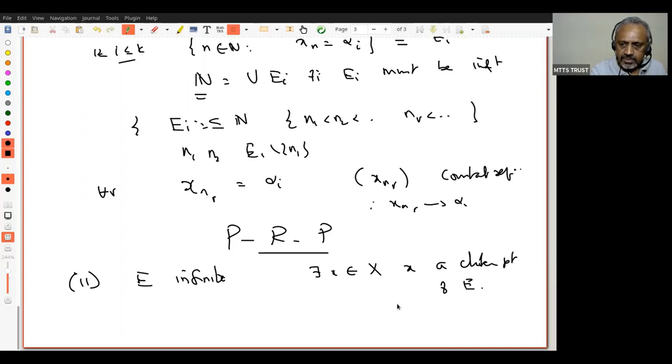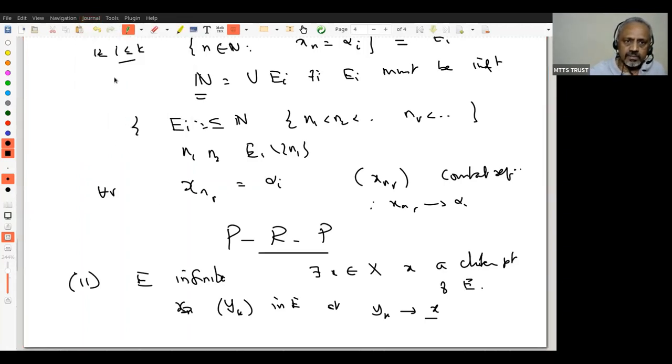So what does that mean? That means there is a sequence, call it y_k, a sequence in E, so that y_k converges to x. Therefore this is going to be a subsequence. You follow that?